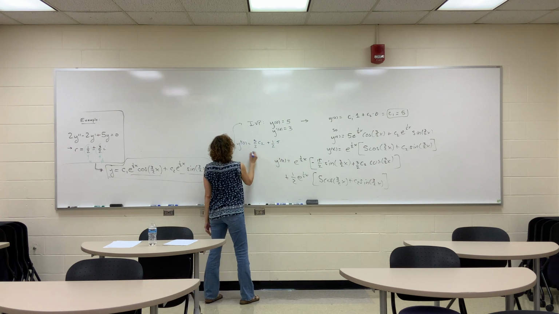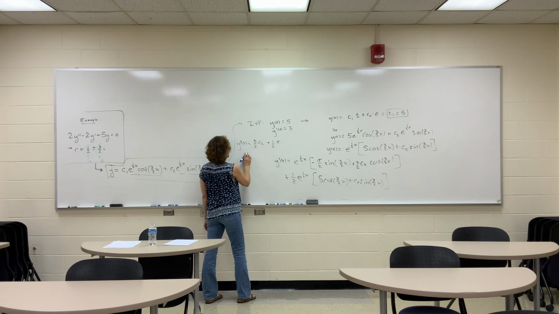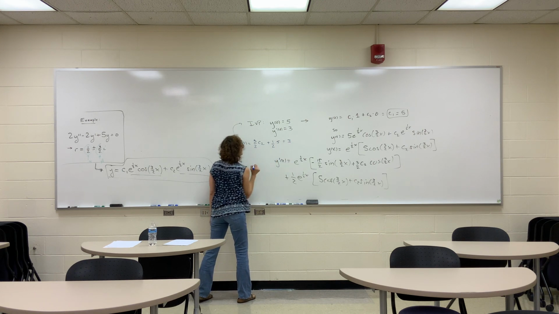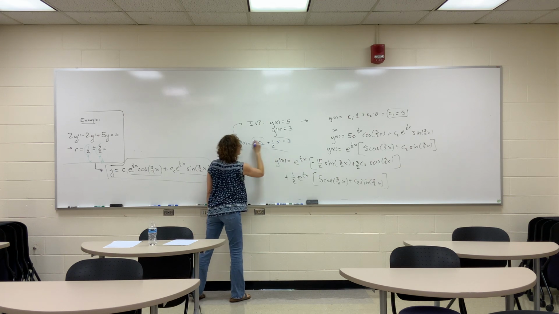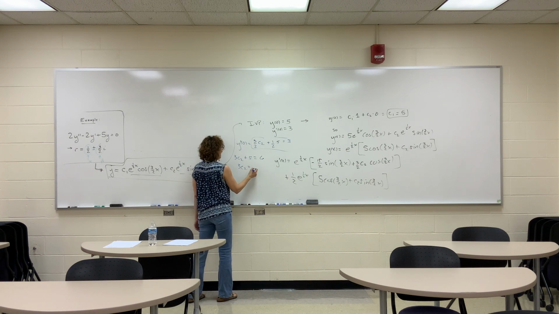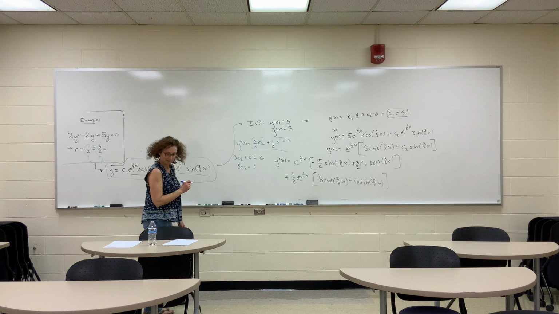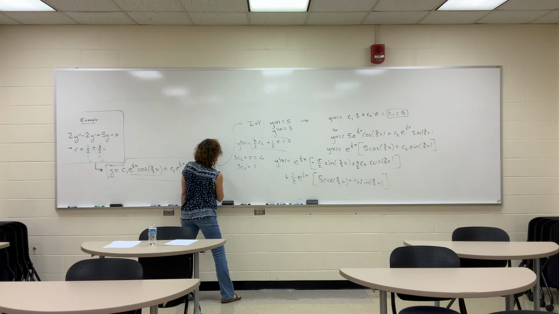All right, so what do we get? 3/2 C2 plus 5/2, and what do we want y prime to be? 3, right? So if I'm going to solve that, I'm just going to multiply through by 2. 3C2 plus 5 is 6, right? 3C2 is, can we do this arithmetic at this point? I don't know, I think we're all punch drunk here. Minus 5 is 1. C2 is 1/3.